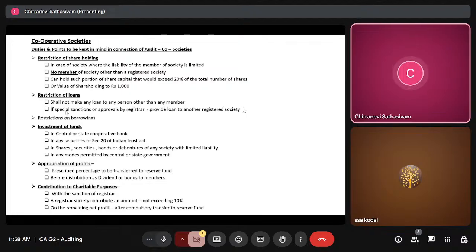In any case, if it is exceeding this threshold limit, you have to report to the registrar immediately, and be very cautious in compliance with this particular law provision. This is a very, very important thing.